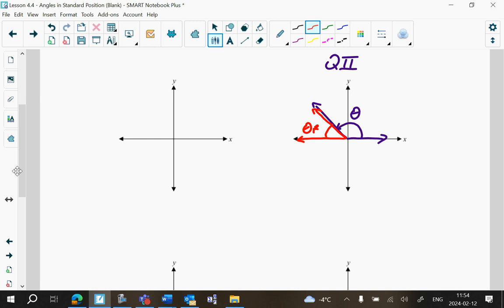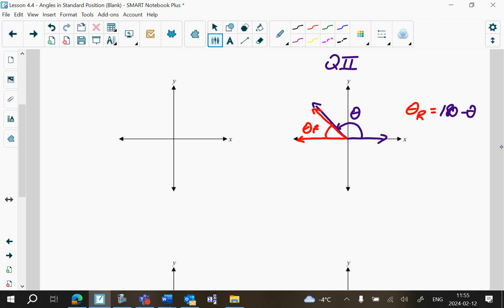What do you think? 180 minus 120, because these two together will always form a 180-degree angle. Excellent. So in quadrant 2, to find the reference angle, we always do 180 minus the actual angle.